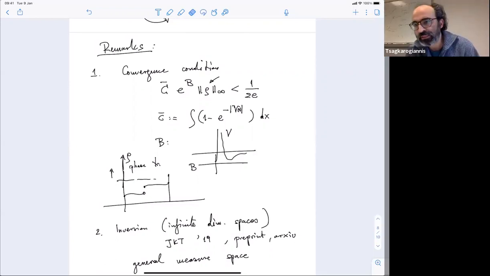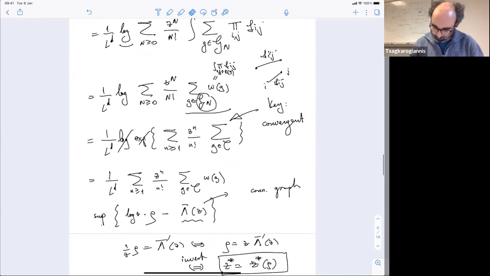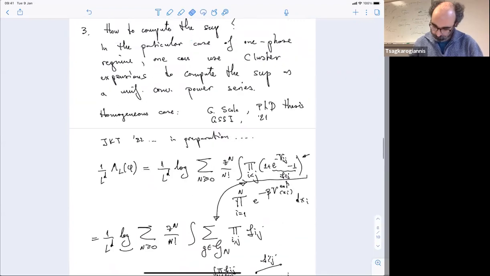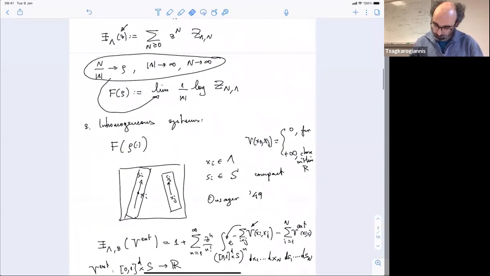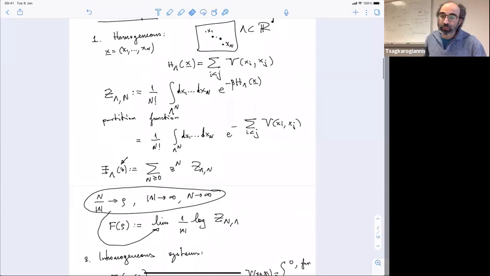Yes, definitely. This is one of the points, and it's a very good point, because you see this integral is a high dimensional integral. So it's impossible to do in numerics.